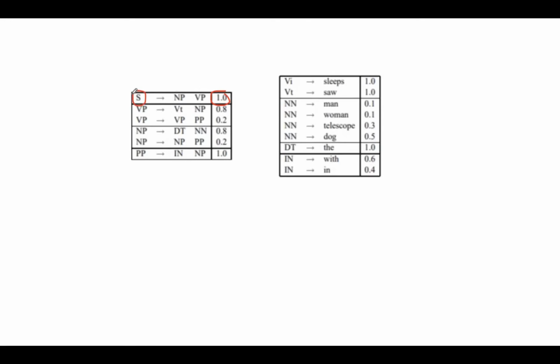These probabilities have one critical property: if we take any non-terminal in the grammar, say verb phrase, let me take 3 possibilities instead of just 2. VP derives VI, and the probability associated with that is 0.6.